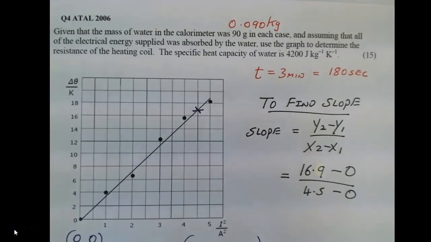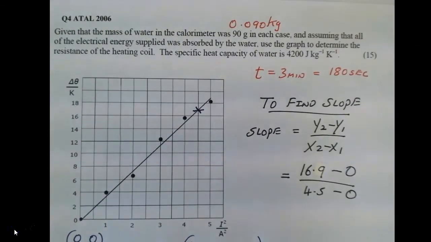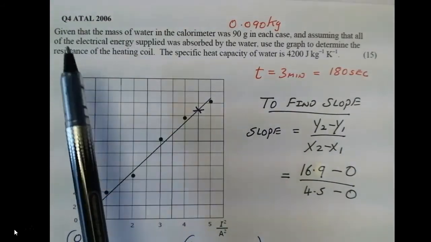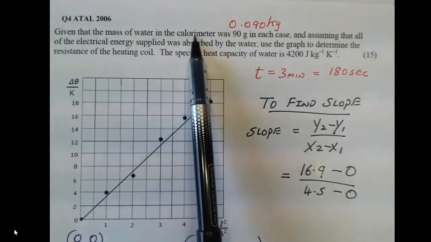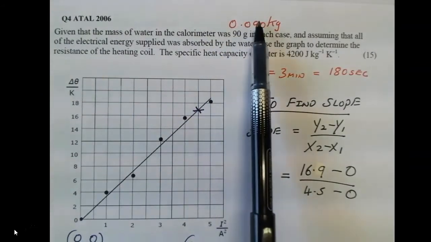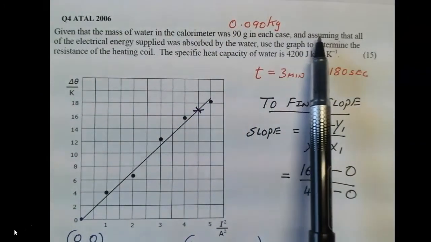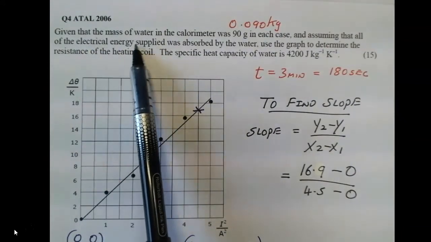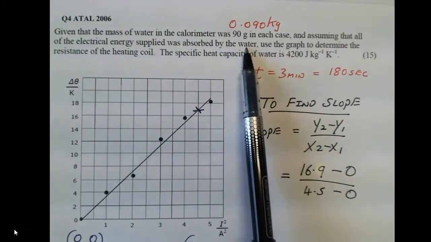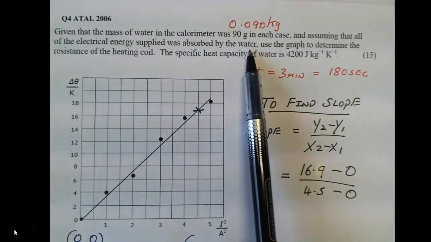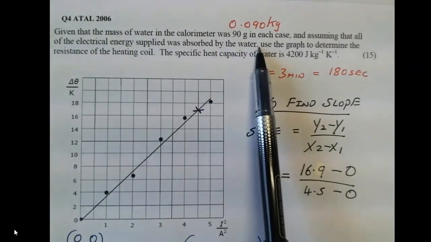Now, clearly, the most challenging part of this question was the calculations at the end. And the question said, given that the mass of water in the calorimeter was 90 grams, we bring that to kilograms in each case, and assuming that all of the electrical energy supplied was absorbed by the water, that means we assume that there was no absorption of energy by the surroundings, or the calorimeter, or the thermometer, or anything like that.